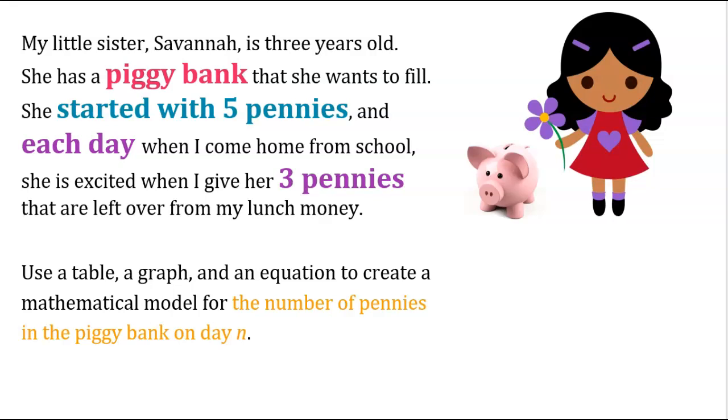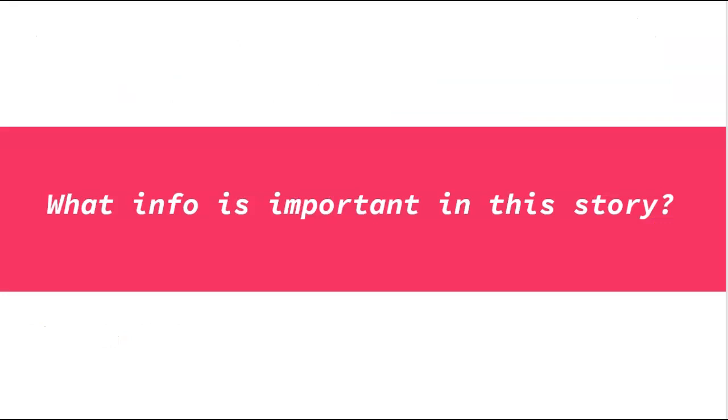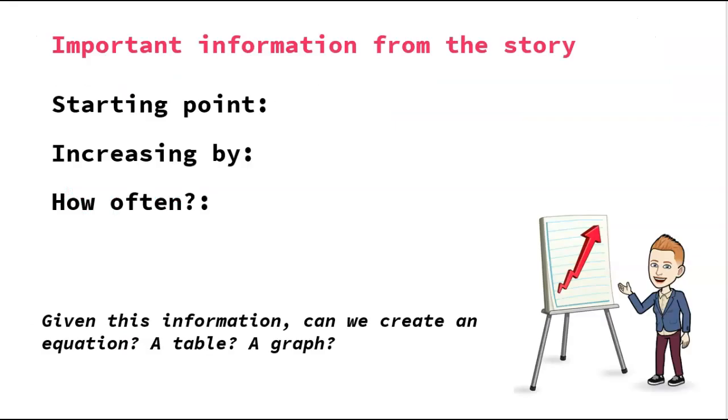So we've sort of highlighted the important info here. You notice we started with 5 pennies. She's getting 3 pennies each day. And so we'll write those things down. We're going to start with 5 pennies.